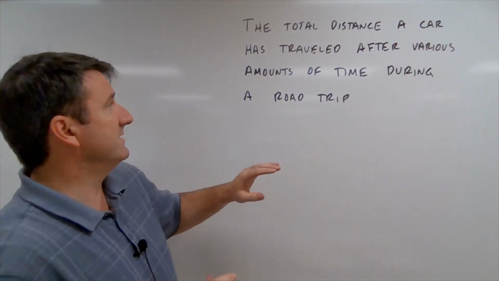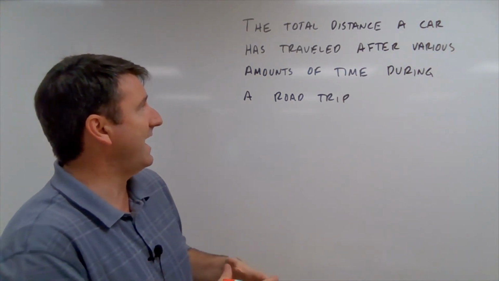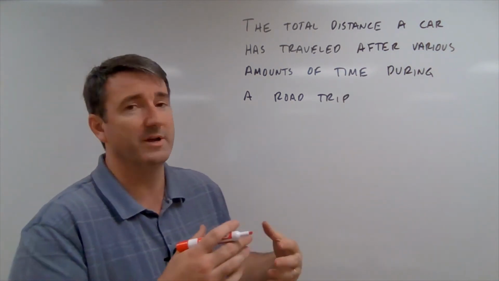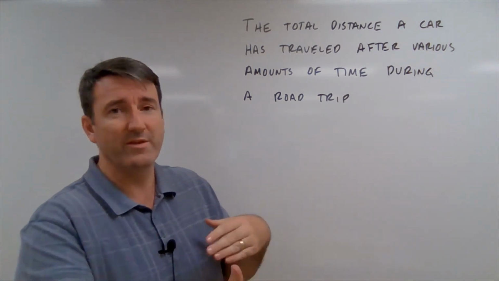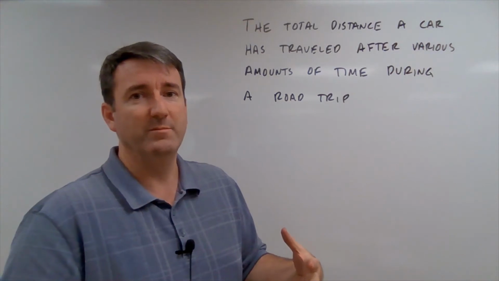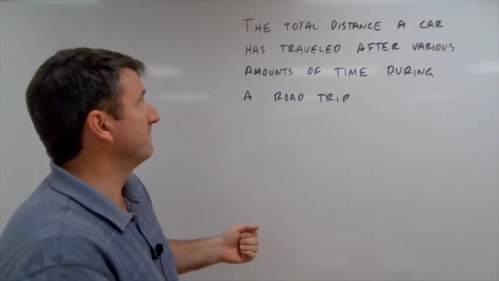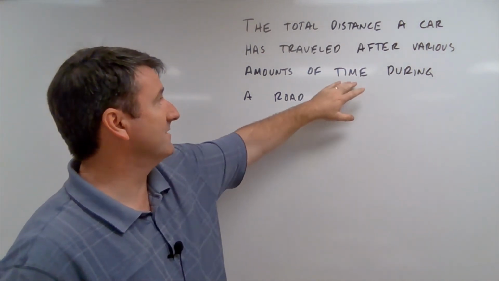Our first statement is this: the total distance a car has traveled after various amounts of time during a road trip. So the first thing we need to do is determine whether there's a relationship between variables here that can be described as a function. And I think there are. There's distance and there's time.